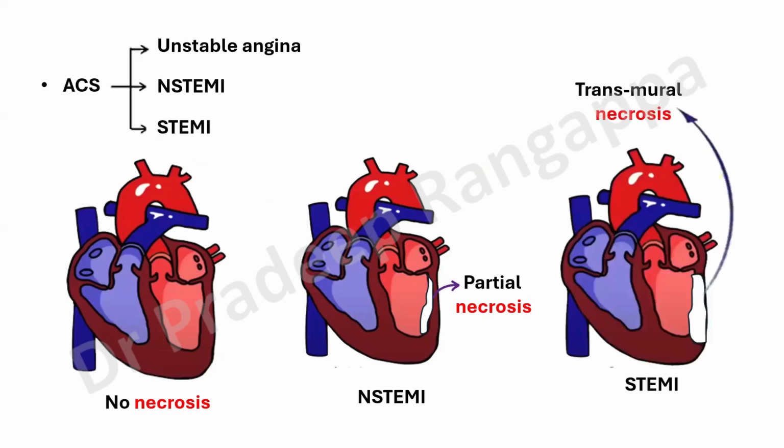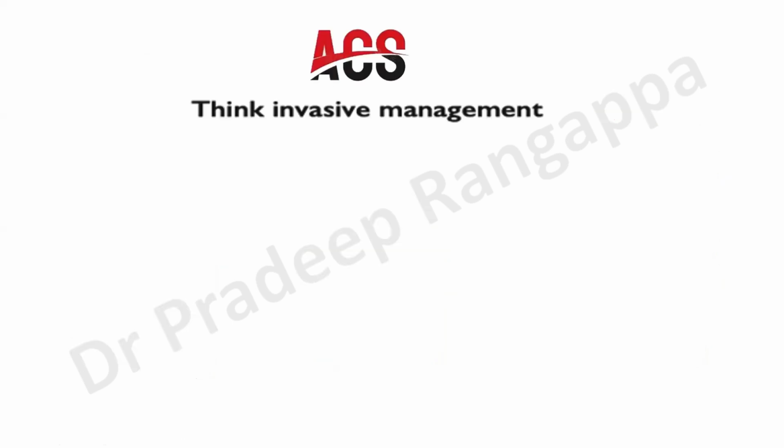In ST elevation MI, there is a transmural necrosis, where the full thickness of the myocardium gets involved, devitalized and necrosed. So these are the three distinct categories of ACS that we tend to see.